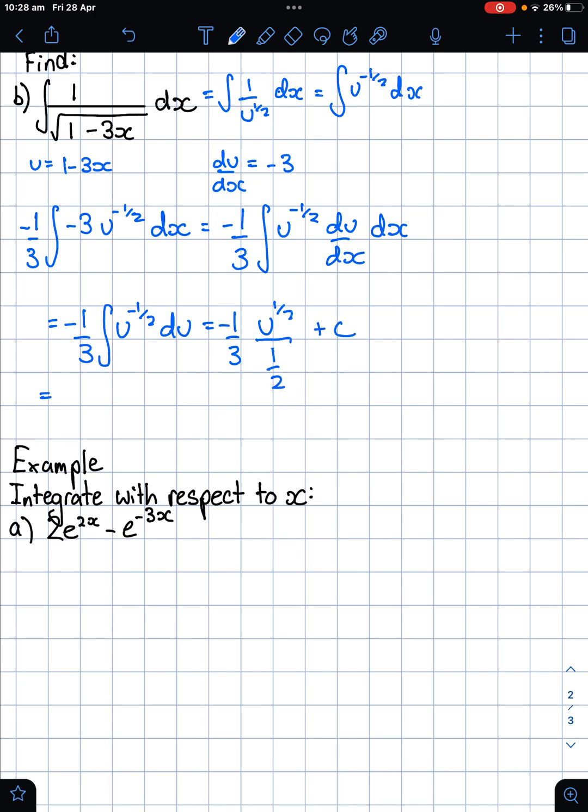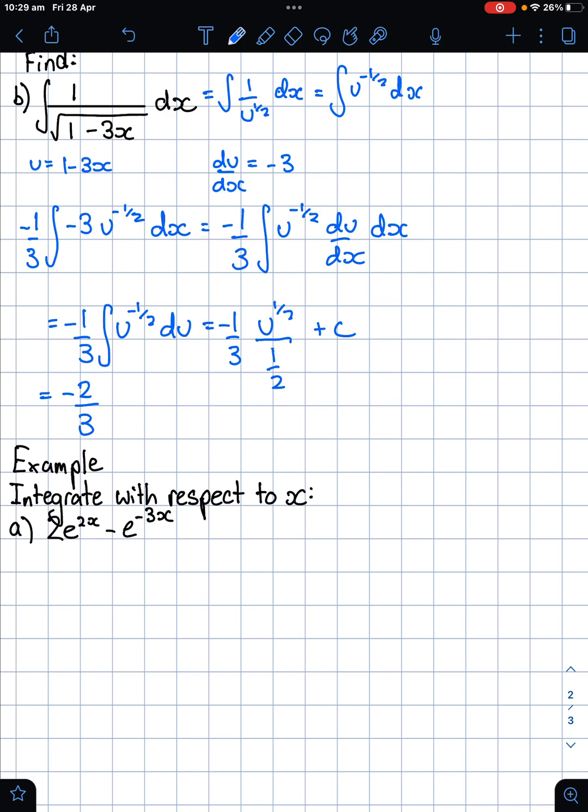So final step here, this is going to end up being negative. Remember, divide by 1/2 is the same as times by 2, so this is going to be -2 over 3. I got the negative from out here, so -1 times 2.